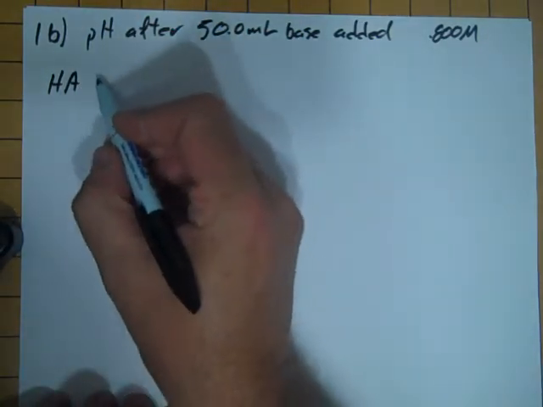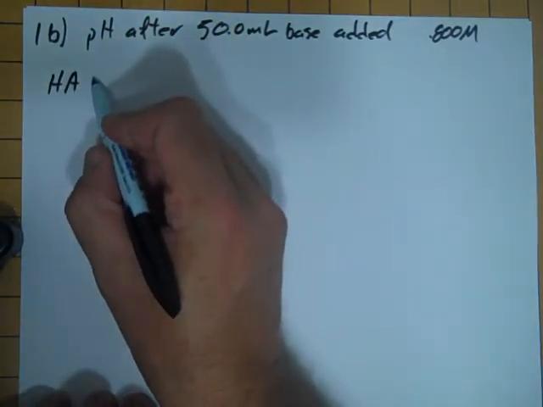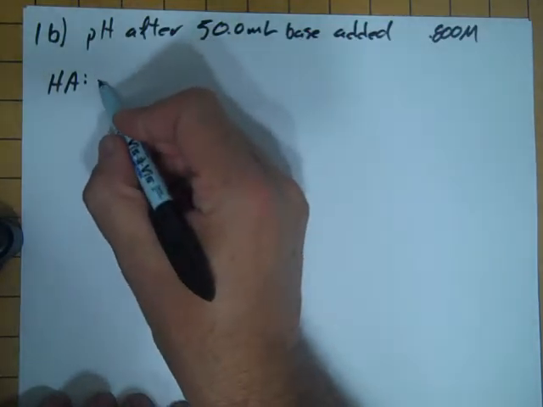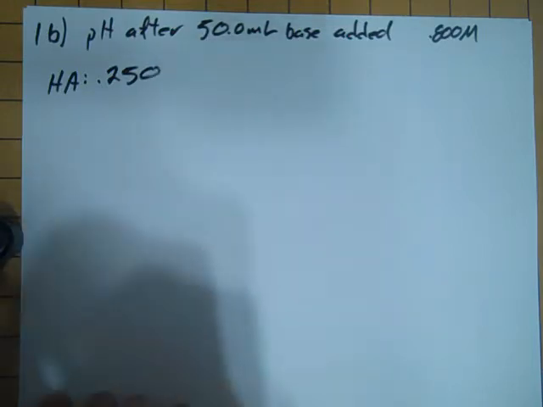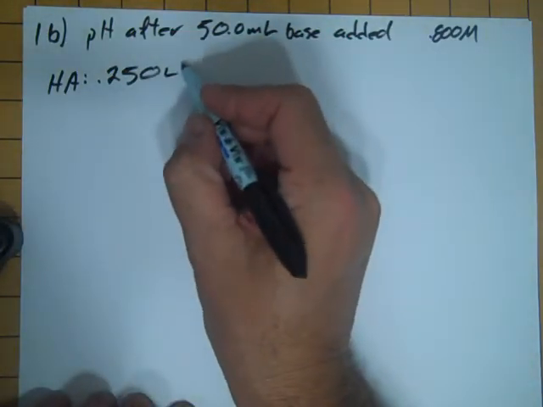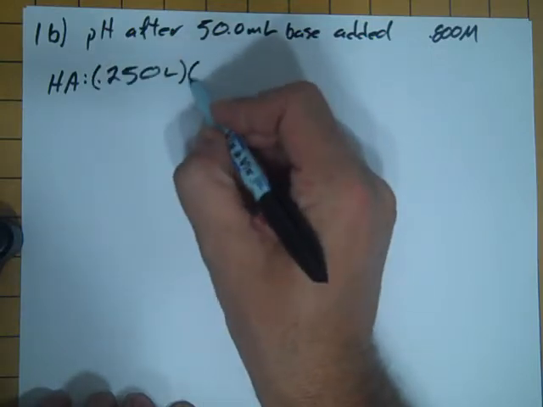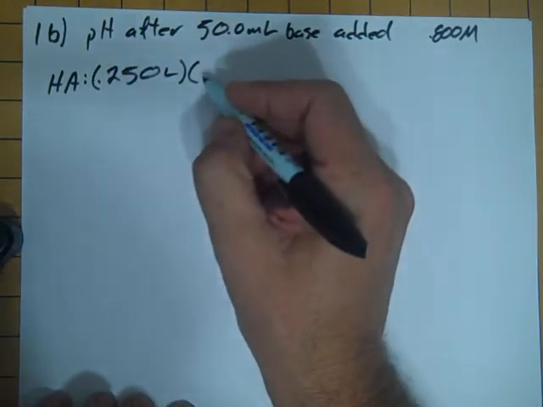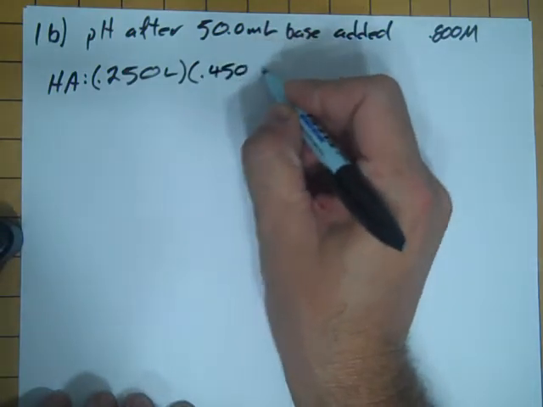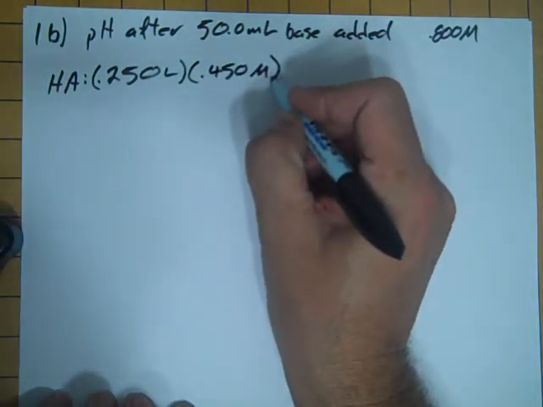At the beginning of the problem, we were told that for the HA, the acetic acid, we had 250 milliliters, that's 0.250 liters, and we multiply that by its concentration, which is 0.45 molar, which is moles per liter.